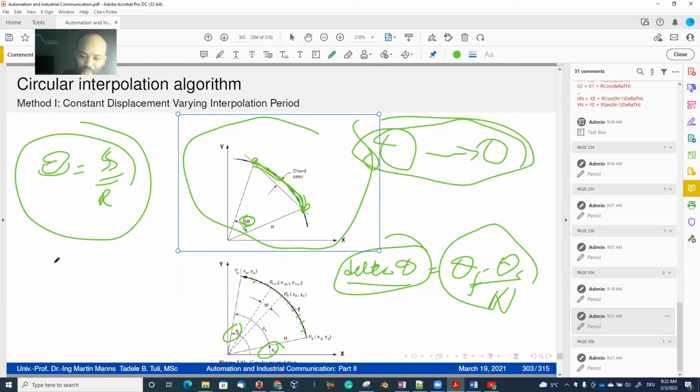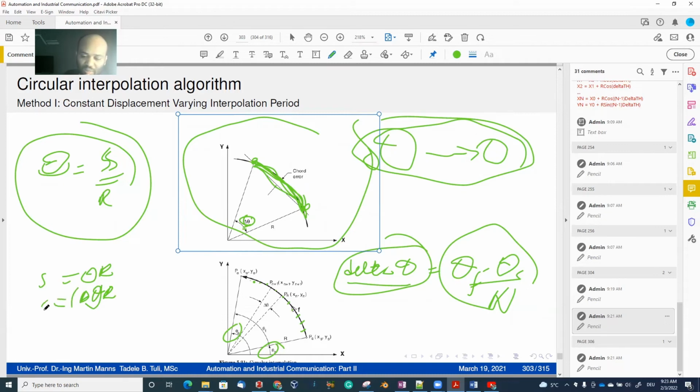So the arc length is theta r, and this theta could now be delta theta times r.